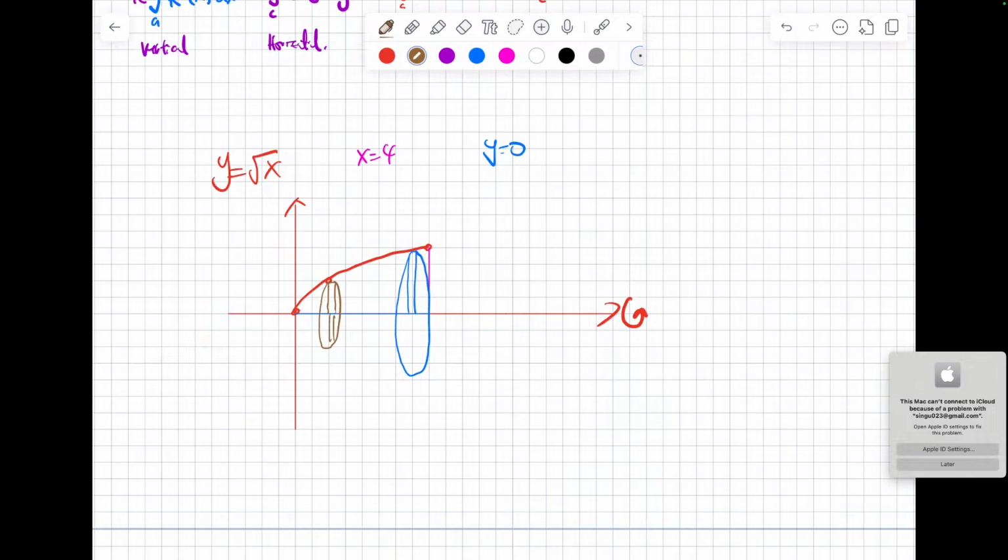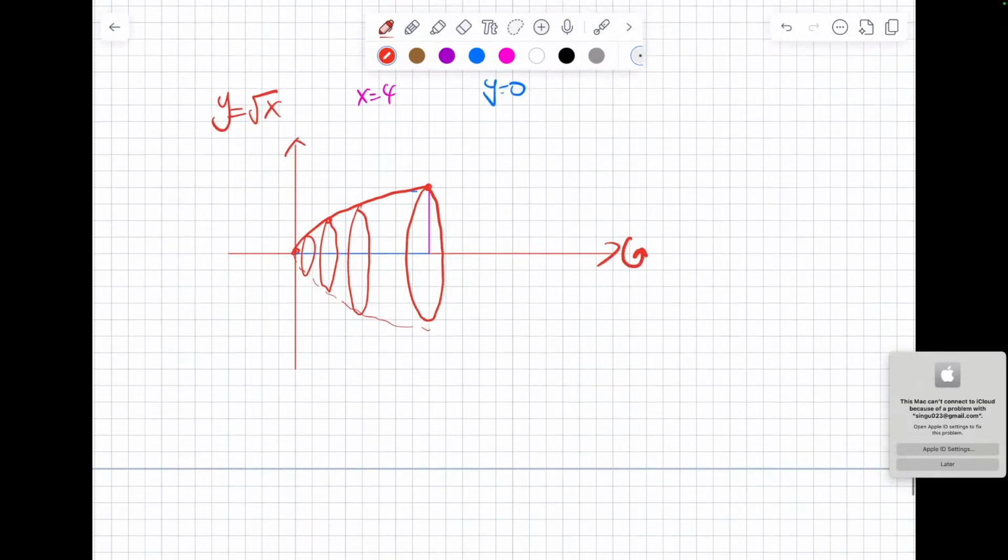So every disc has a different radius, and it's going to form this kind of shape. This is a bigger disc. If you come in here, it's going to create a small disc. From here it's going to be a smaller disc, and from here a smaller disc. So we are basically adding up each individual disc by using integration.